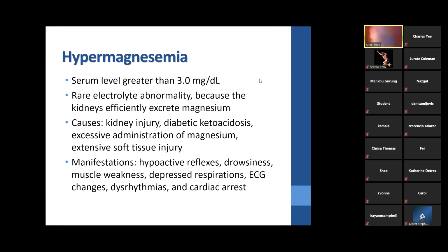But once again, whenever you're bringing up somebody's magnesium level or administering magnesium, you have to monitor neural status. If you don't monitor neural status, you could put them into a coma.